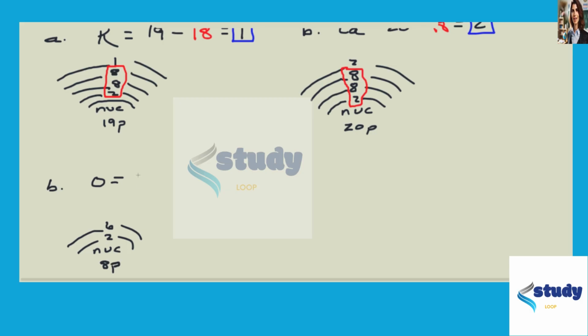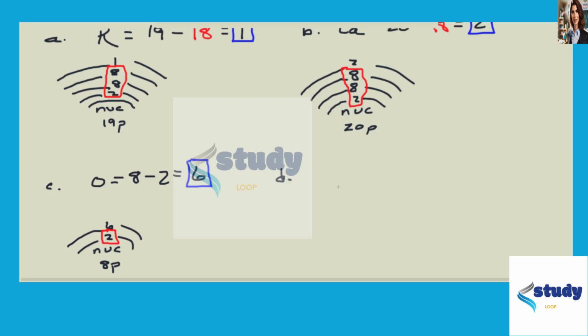So our Z, our number of protons, is 8, minus our shielding electrons, only 2. Those are our core. So we are left with an effective nuclear charge of 6.